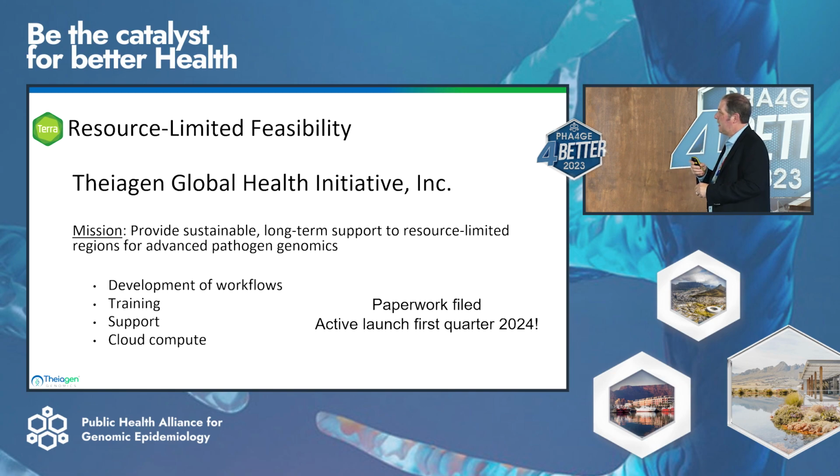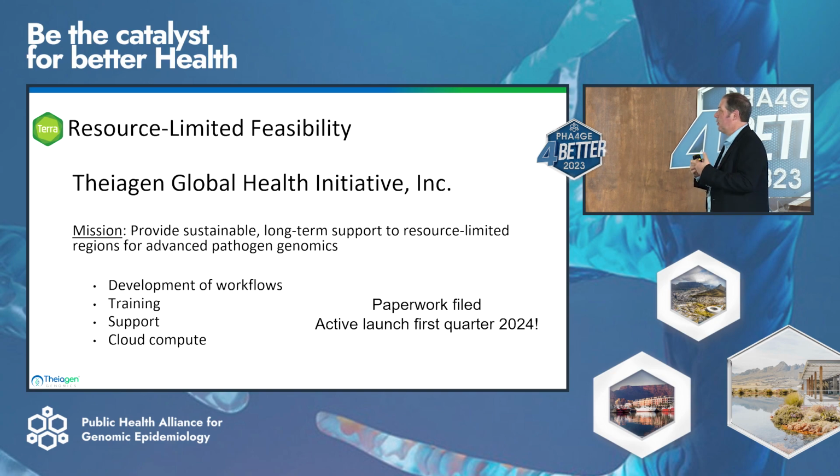But I'm happy to say that we just filed the paperwork for Theiagen Global Health Initiative. This is the only marketing I'm going to do, and it's for a nonprofit. We've had so much success in getting tools implemented in a variety of different environments that we wanted to do this in a nonprofit way, because we've seen some of the struggles in low resource settings is actually getting the cloud usage set up, getting the accounts to Google or Azure.